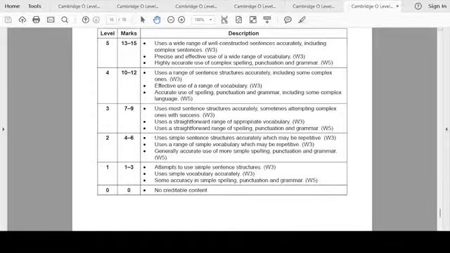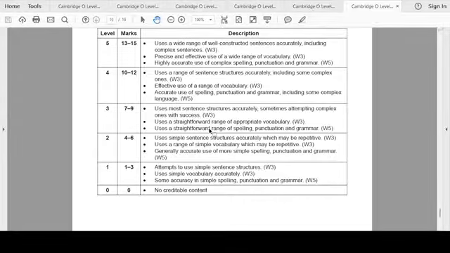Uses a straightforward range of appropriate vocabulary. So straightforward, right? The regular basic kind of vocabulary, not simple as in level 2. Simple vocabulary, right? Are straightforward range. So, to the more general, not the very simple, but the more general vocabulary.